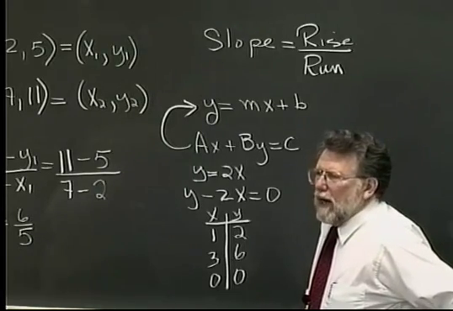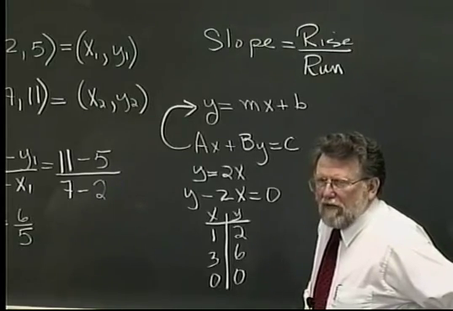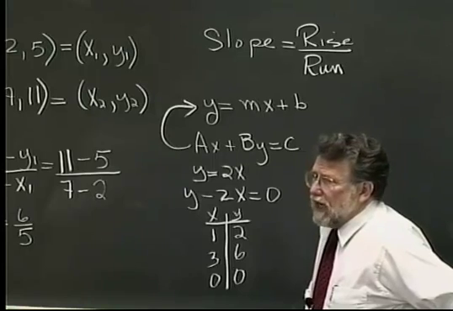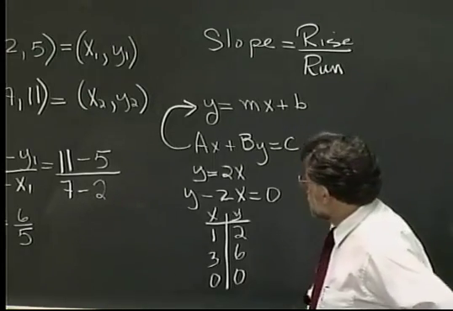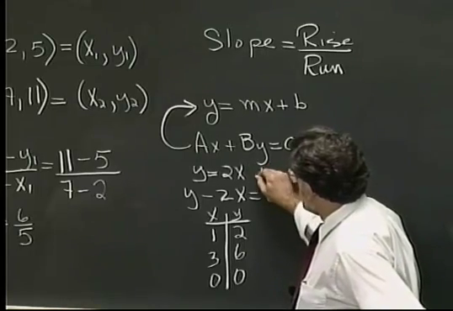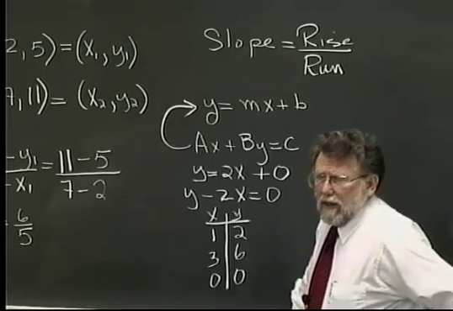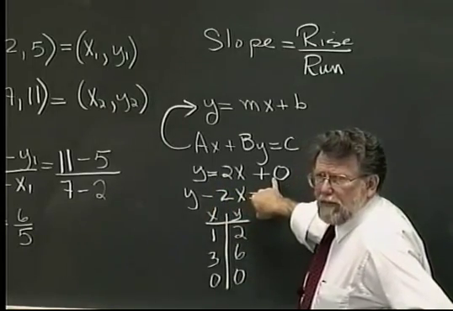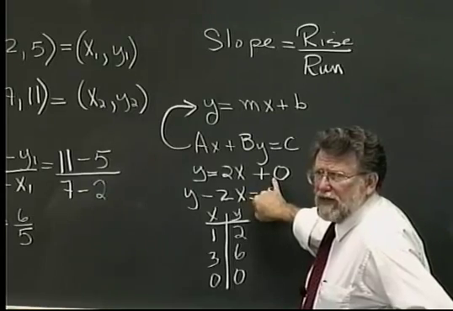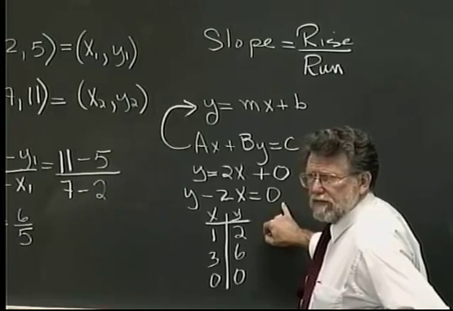Now, some of you drew graphs, and because your scales were not uniform, you were giving yourself a perception of something that was not valid. In this particular problem, I hope you realized that I could add a 0 here and not change anything. What I did was add a 0 to the 2x. My point being, this tells me that y equals 2x plus 0 is the same equation.